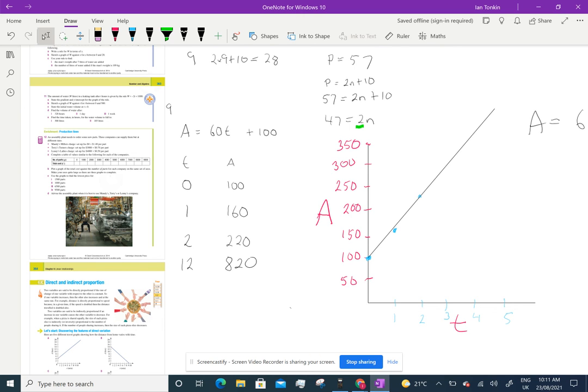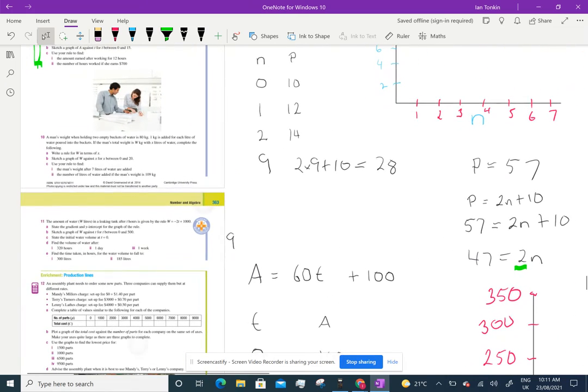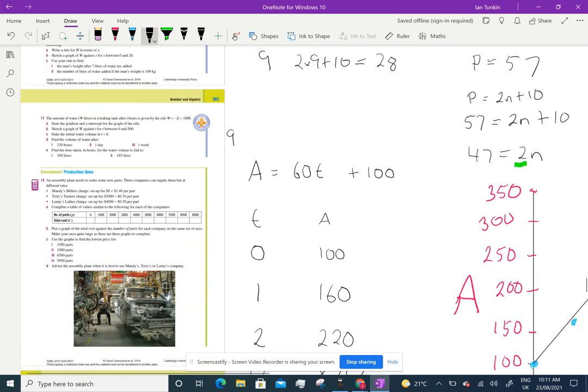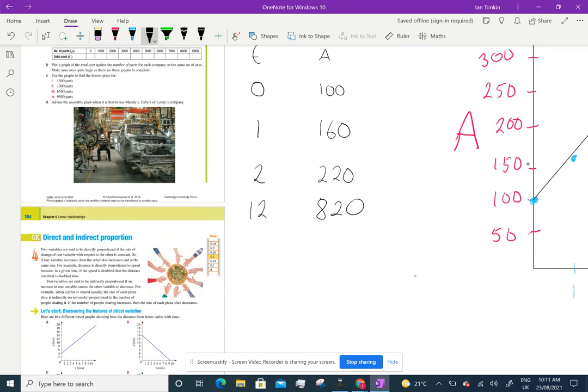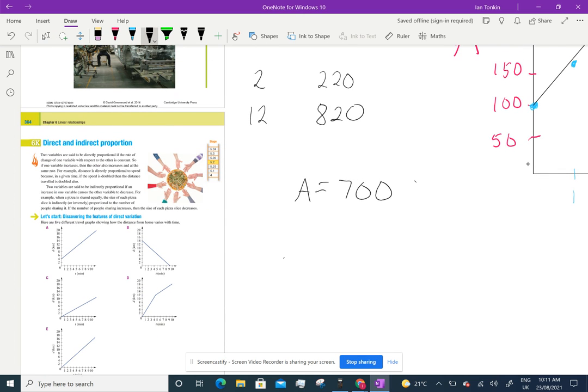The second one says the number of hours that the architect works if she earns 700. So if A equals 700, so I substitute that in my formula. Remember, my formula is A equals 60t plus 100.